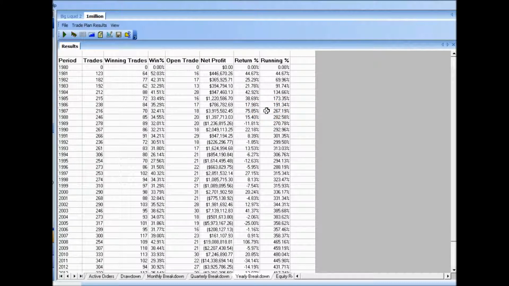Of course, this is hypothetical, these are just simulated results. But since then, the performance has been very inconsistent. We had that big year in 2008 with all that market turmoil, and that's basically what this type of strategy is designed to capture, those black swan events.